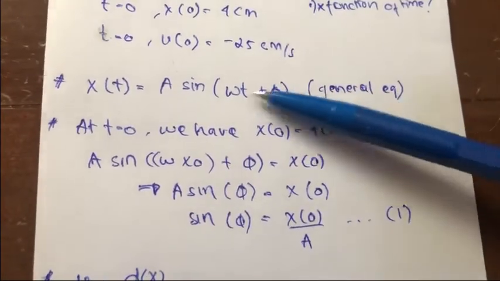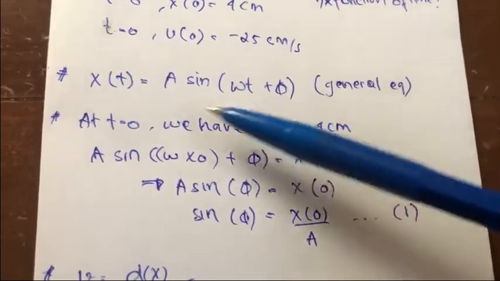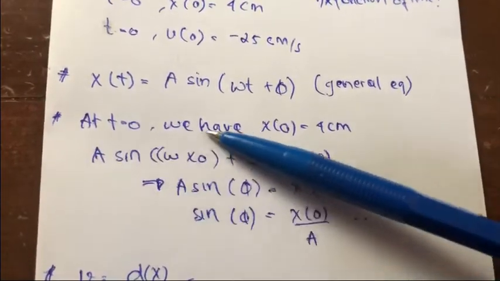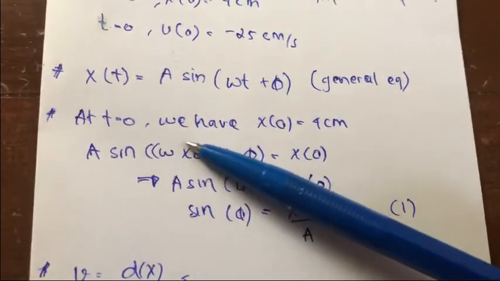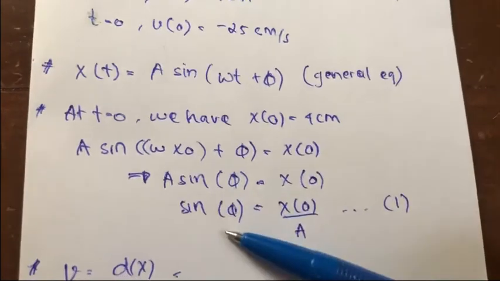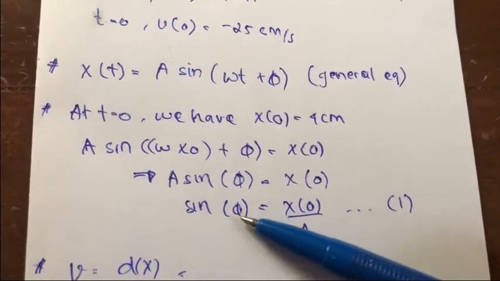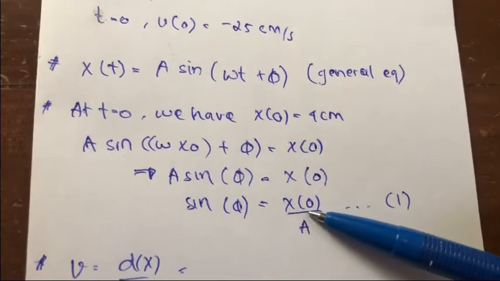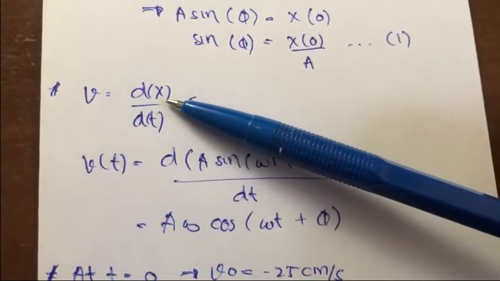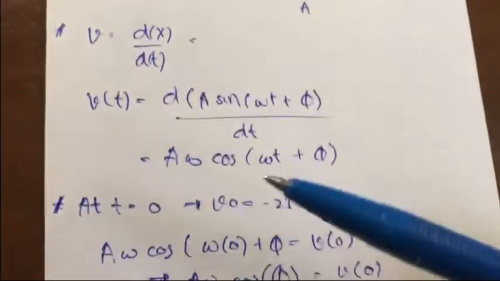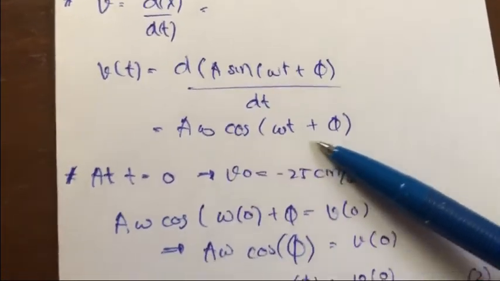So this one is the general equation, x equals A sin(ωt + phase), and at time 0, we have x equals 4, and we put this one, and we got the first equation, sin(phase) equals x0 divided by A. The velocity is the derivative of the position, and we have this equation of the velocity.